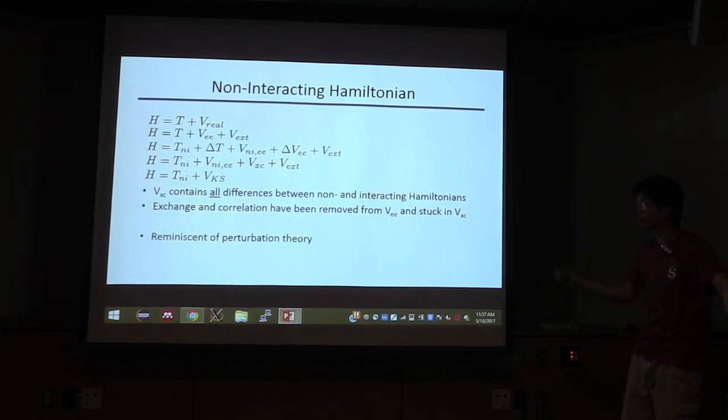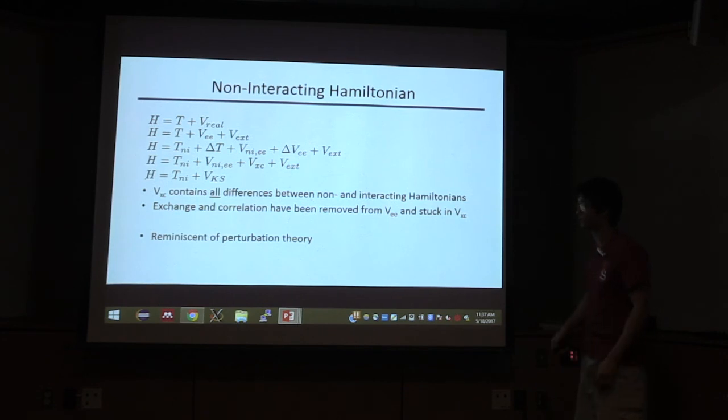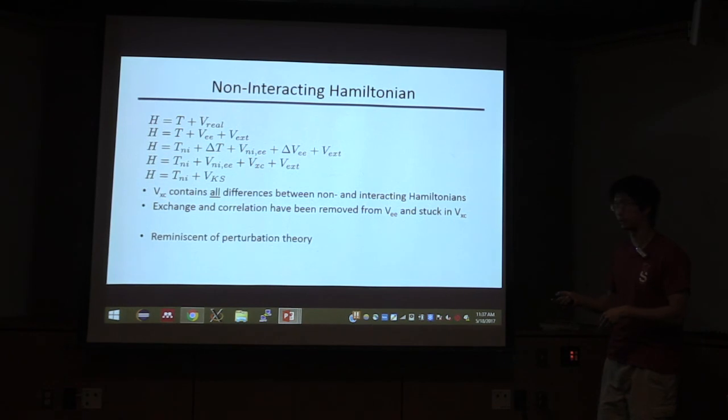Okay? So the important part about this is just that all of the differences between the non-interacting and interacting Hamiltonians is contained in this exchange correlation potential. Another way to think about it is that these two effects, many body effects, have been removed from EE and stuck in XC.